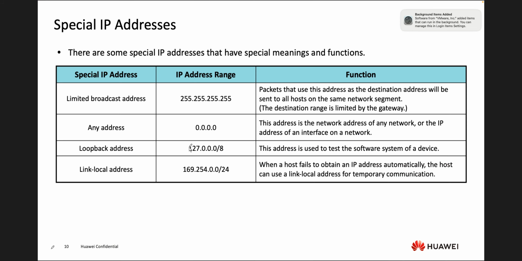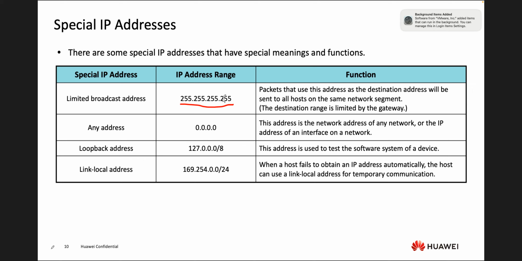Okay, so when we look at special IP addresses, there are also special IP addresses out there. There's the broadcast address that I mentioned, that's all ones, and you're normally only allowed to use this if you want to broadcast to all the devices on your network. And that could sometimes be blocked on the network because it ends up sending a message to all the devices. It's almost like an attack you're doing, like a ping attack or something.